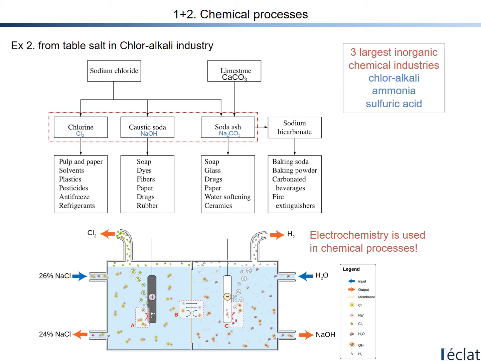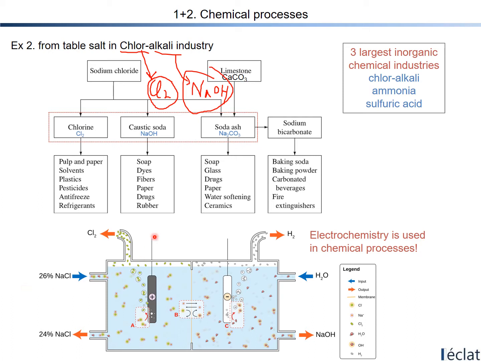Chlor indicates chlorine, Cl2, and alkali indicates some hydroxide, for example, sodium hydroxide. So in this chlor-alkali industry or process, we could make Cl2 and sodium hydroxide at the same time.